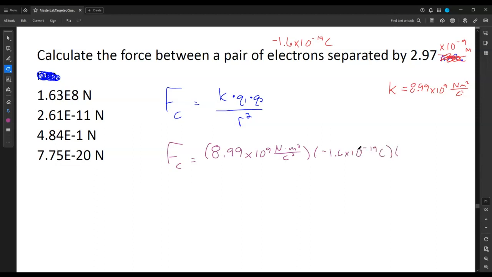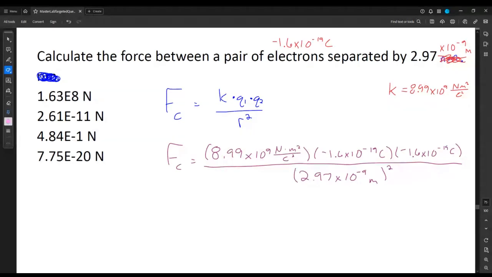And then it's a pair of these, so another negative 1.6 times 10 to the negative 19 coulombs. And then all of that goes over 2.97 times 10 to the negative 9. Remember, it was nano, so that's 1/1000th of a meter. And then don't forget that in the equation itself, that's going to get squared.